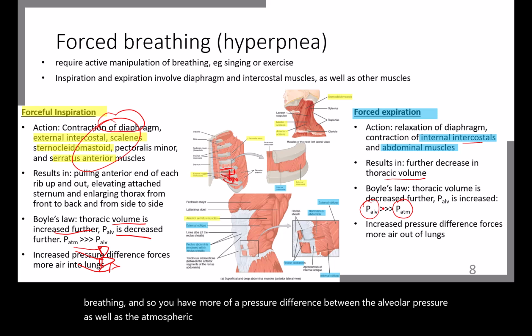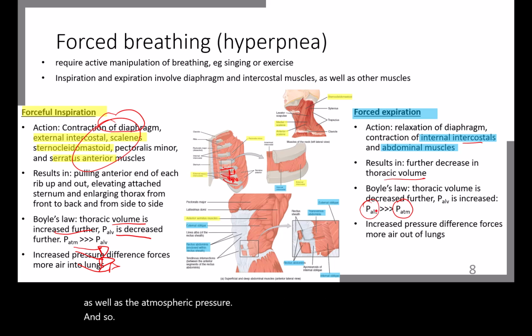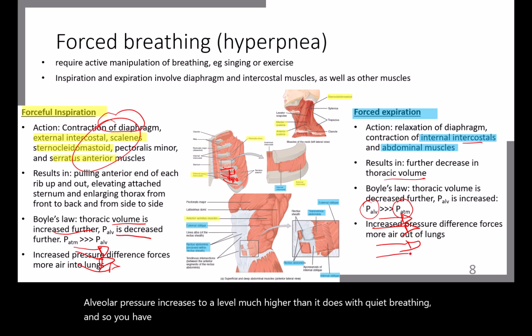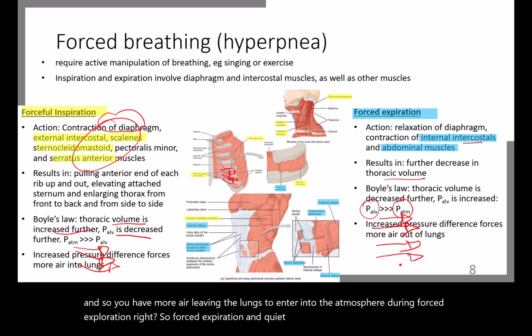And so alveolar pressure increases to a level much higher than it does with quiet breathing. And so you have more air leaving the lungs to enter into the atmosphere during forced expiration, right? So forced expiration and quiet expiration, there's just more happening with forced breathing.